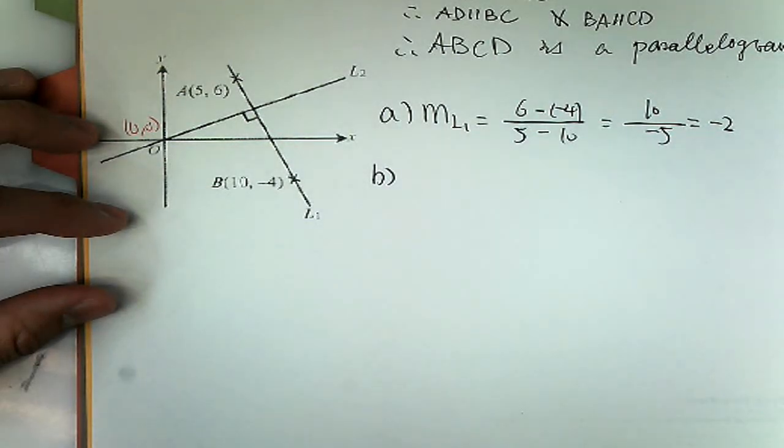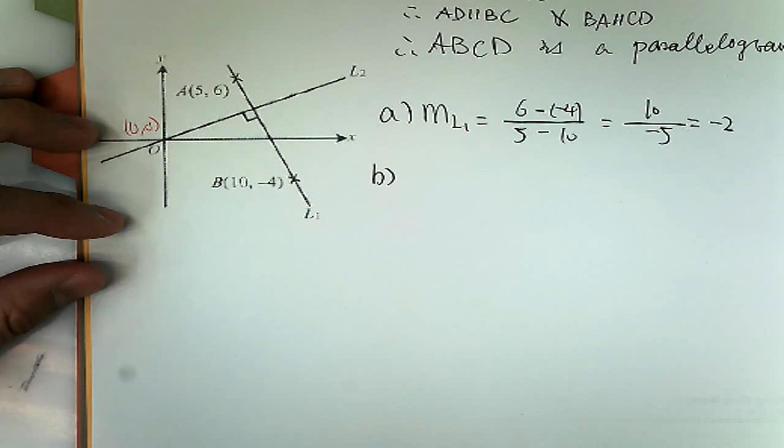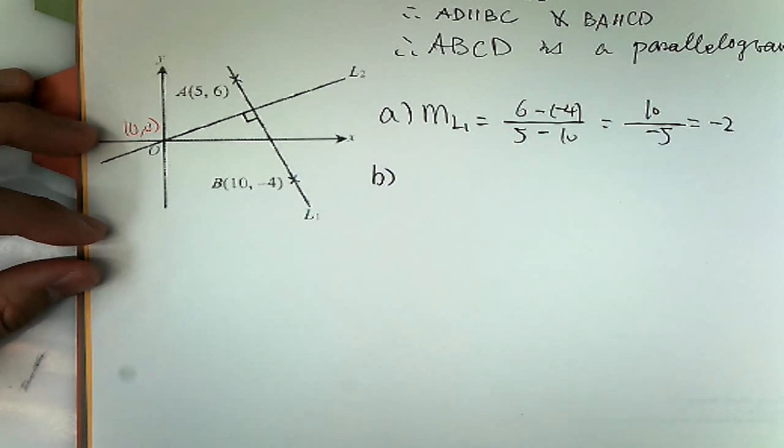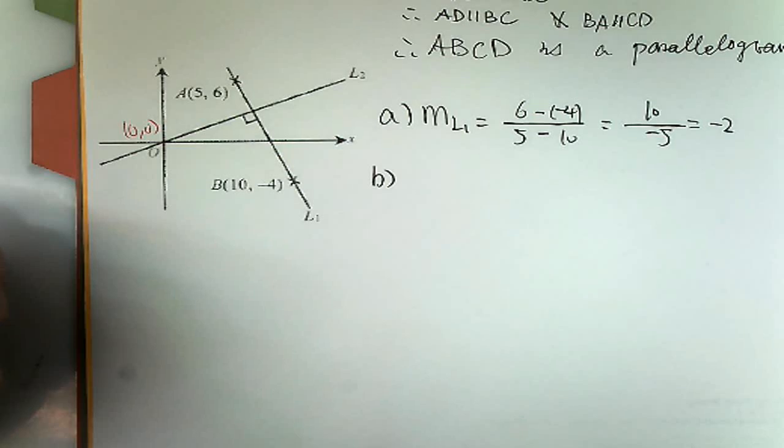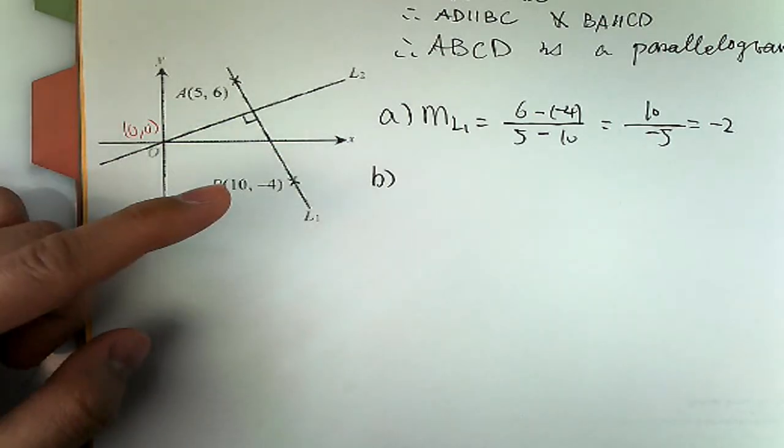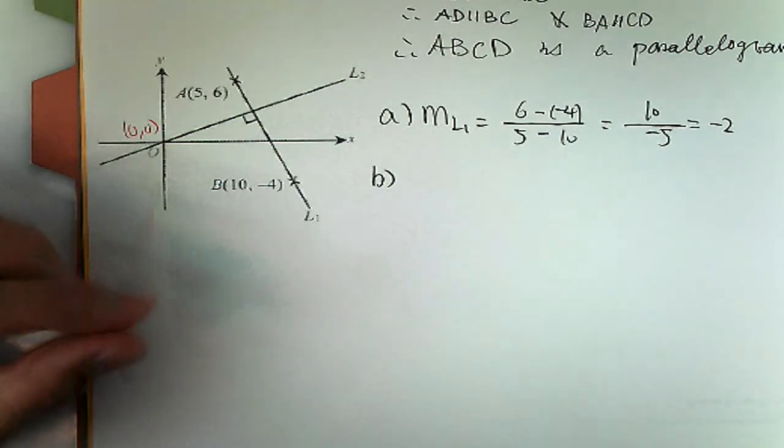Part B: does the point C (6, 3) lie on L2? We don't know. But if the point 6, 3 is on L2, the slope of L2, you can use 6, 3 and 0, 0 to calculate the slope.